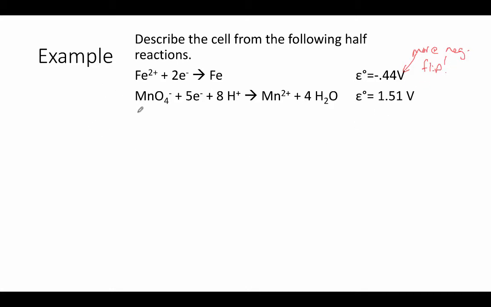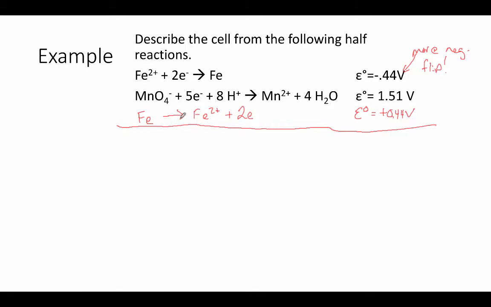So we're going to rewrite that flipped. So Fe is going to go to Fe2+ plus 2 electrons. And when we do that, our voltage changes to positive 0.44 volts. And then we're going to balance the overall reaction now.